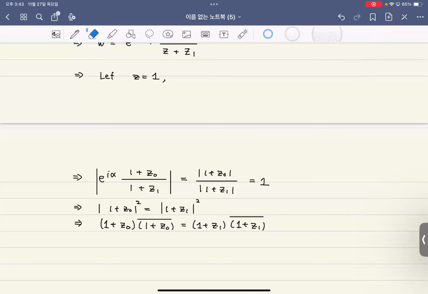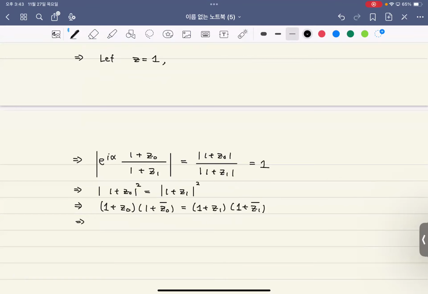But you know, when you take a complex conjugate, it is only applied to these two complex numbers. And so 1 plus z0 plus z0 bar plus the modulus of z0 squared equals 1 plus z1 plus z1 bar plus the modulus of z1 squared.